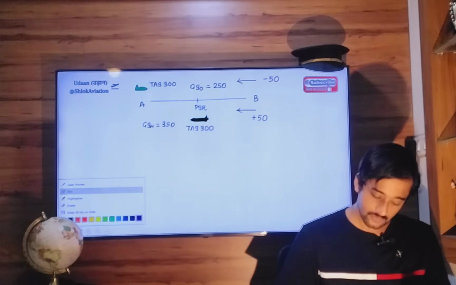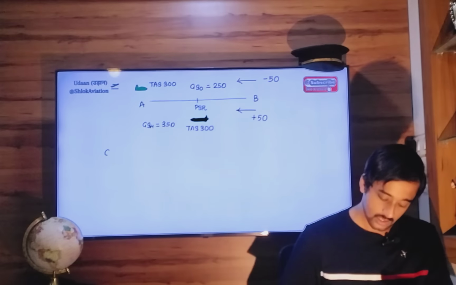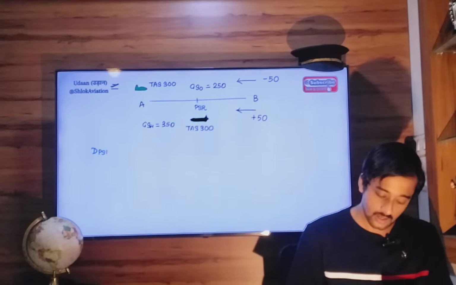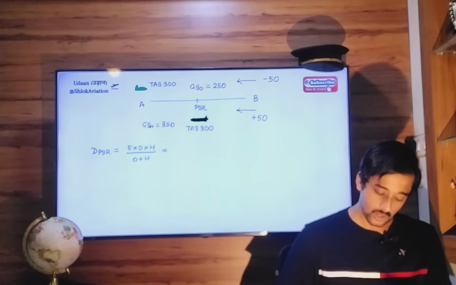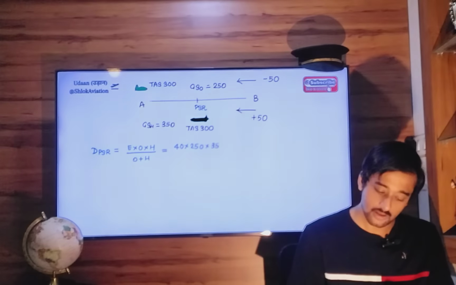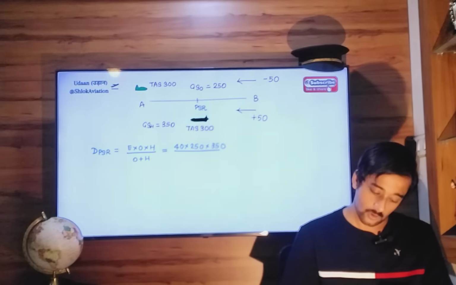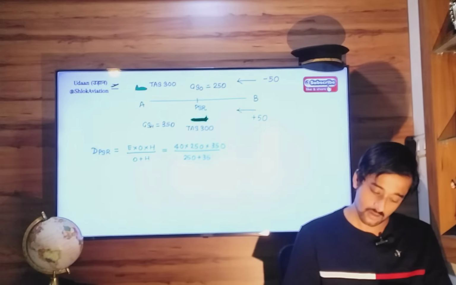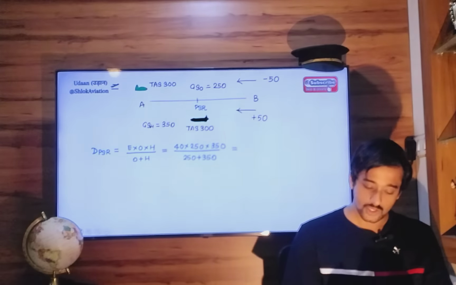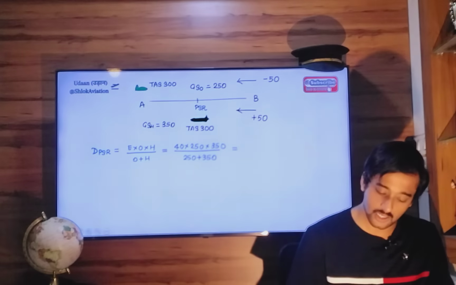So next step, distance to the point of safe return equals endurance into outbound into homebound divided by outbound plus homebound. What is endurance here? It's 40 hours. So 40 into 250 into 350 divided by 250 plus 350. 250 plus 350 is 600.